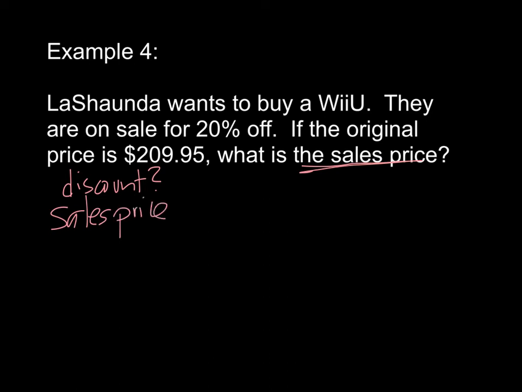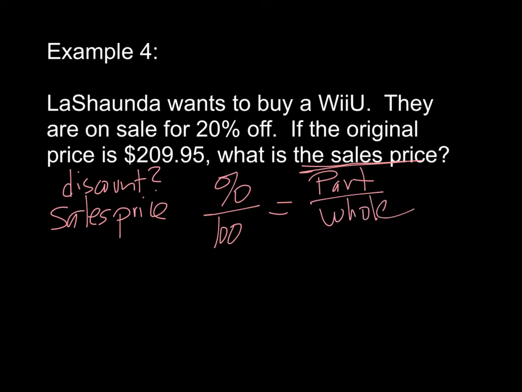We're going to continue to use the universal percent proportion of percent over 100 equals part over whole. Our percent is 20. The whole, which is the original amount, is $209.95.